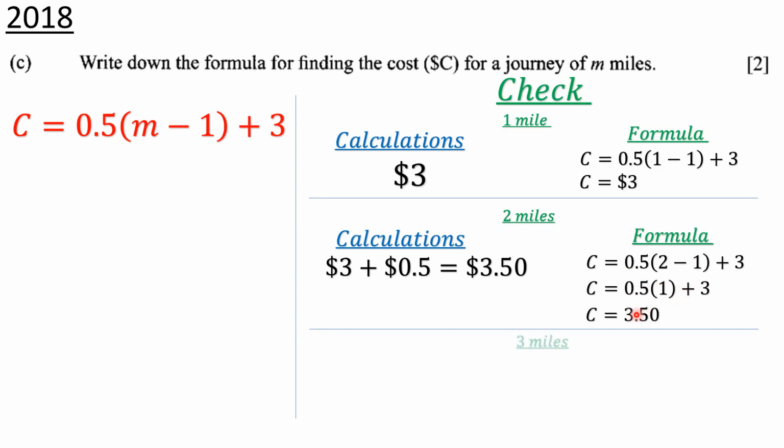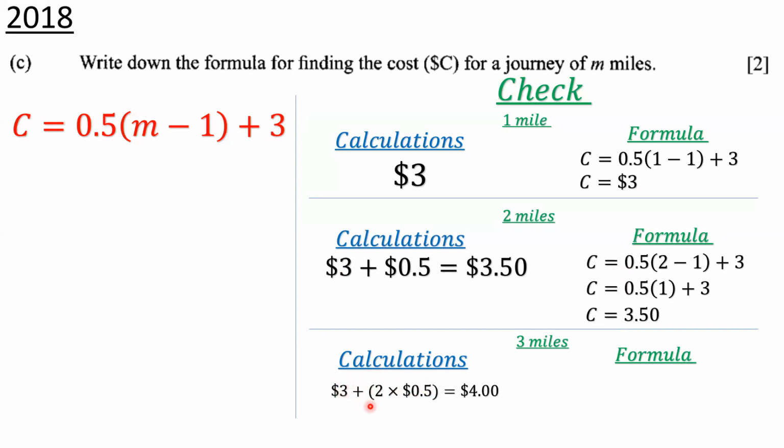Now for the last one, 3 miles, let's see if we get the same thing. The cost for 3 miles will be $3 for the first mile, plus 2 times 50 cents. Why 2? Because you already accounted for the first mile, so now you have 2 more miles left, so it's going to be 2 times 0.5.